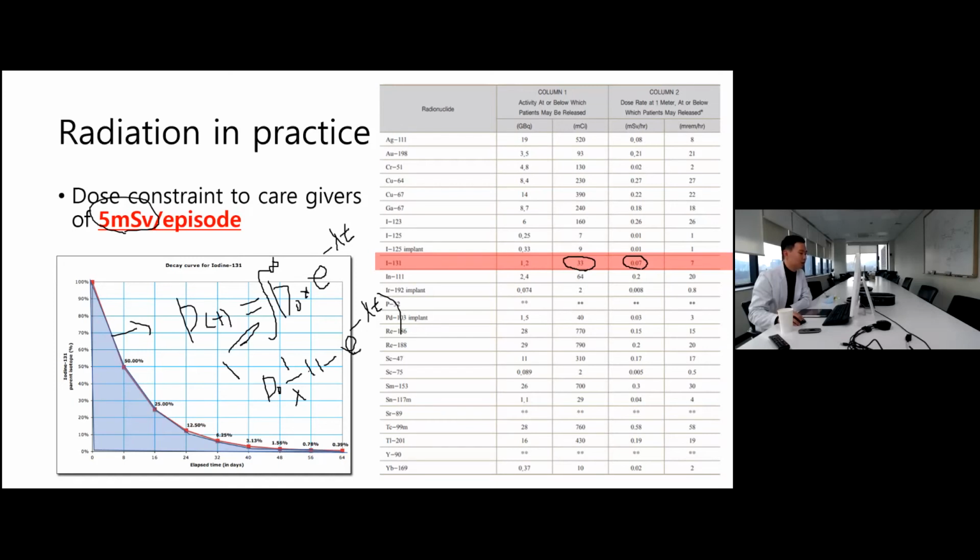As you will know, this coefficient is defined from the half-life of iodine 131.